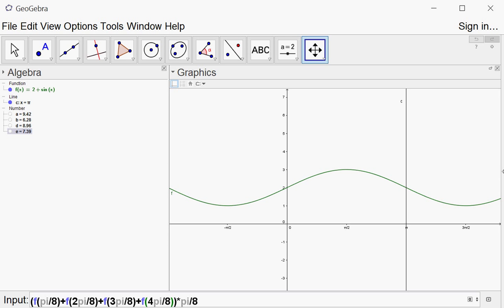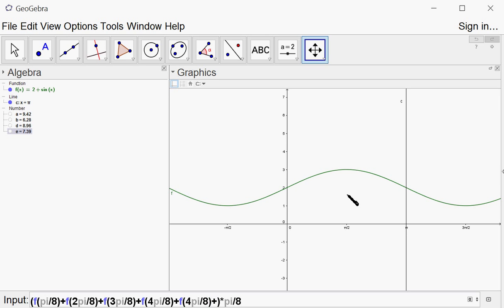Right, for the last 4, for the fifth one, we actually use the same height, f of 4 pi over 8. Since after pi over 2 the graph is decreasing, we use the left hand point because that's the highest point.